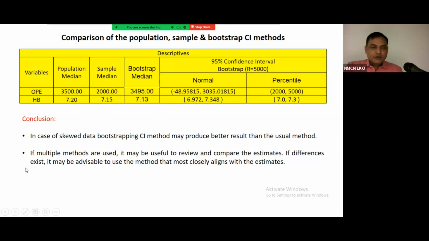So what we conclude is, in the case of skewed data, the bootstrapping CI method may produce better results than the usual method, and if multiple methods are used, it may be useful to review and compare the estimates. If differences exist, it may be advisable to use the method that is most closely aligned with the population estimates, we can say.